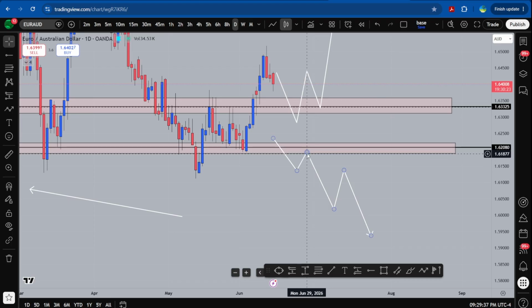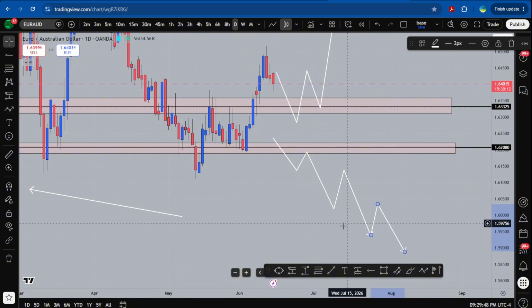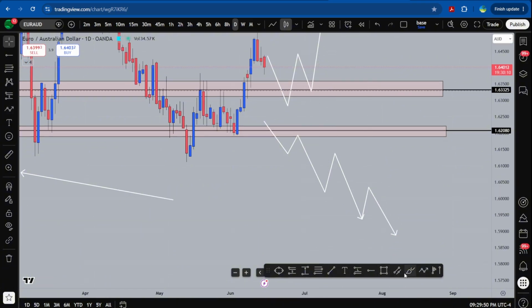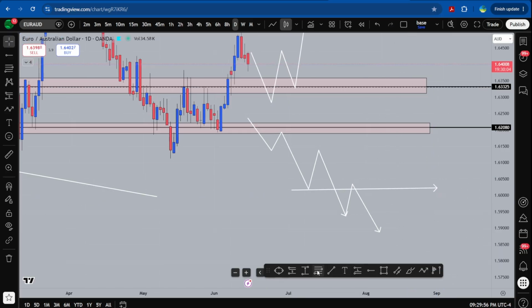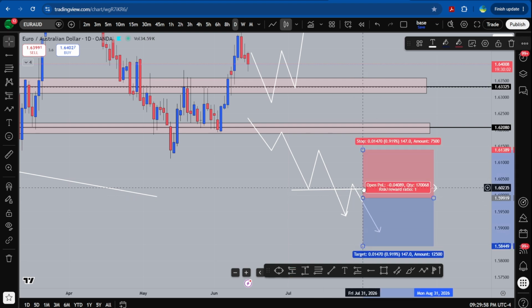I wouldn't even take it on the retest here. I might take it right here on that retest. I will need to wait for full on market structure to be created for me to take this trade here, bro.